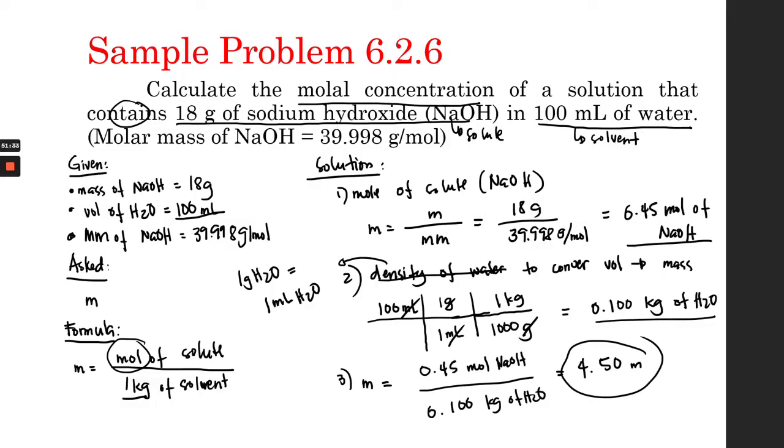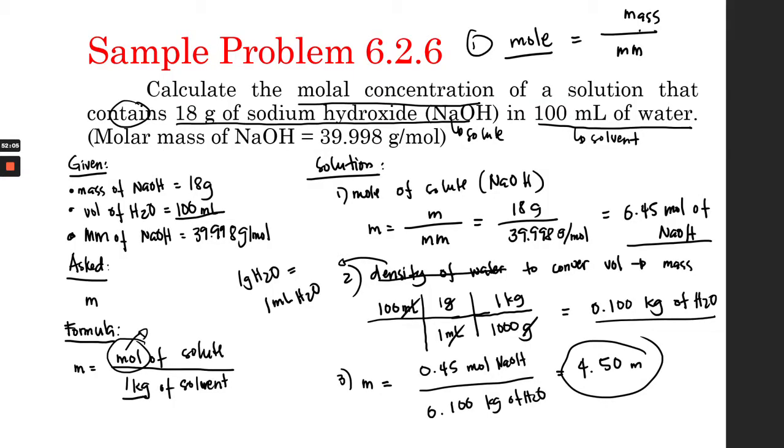Okay, so this is a lot more work, but I hope that you guys understand what happened. First, you have to understand how to derive moles. Moles is basically the mass of a substance divided by its molecular mass. And then you also have to understand the density of water.